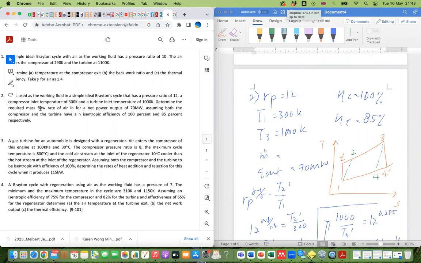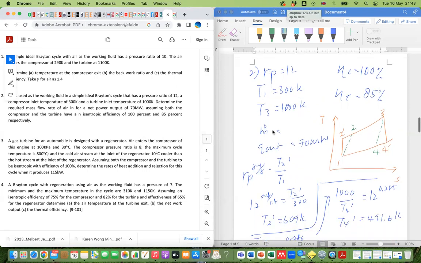Determine the required mass flow rate of the air for a net power output of 7 megawatt. First assume both the compressor and turbine have efficiency of 100%, and the next condition is that both of them are 85%. So I extract all the information out.